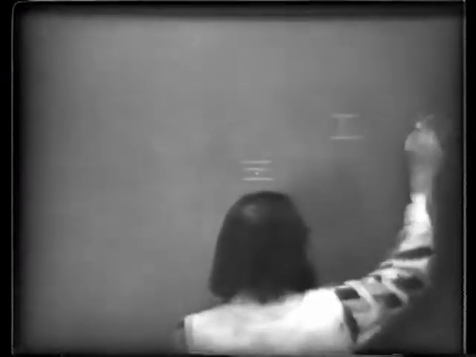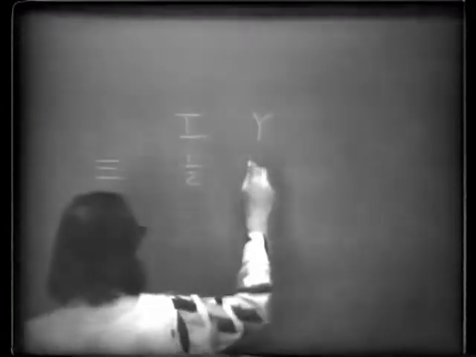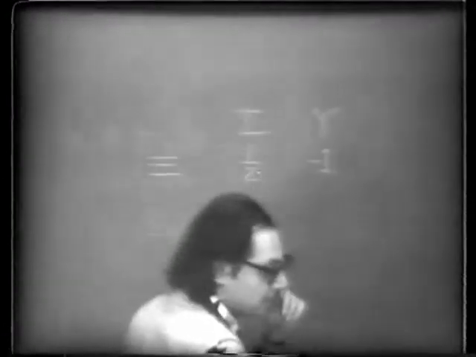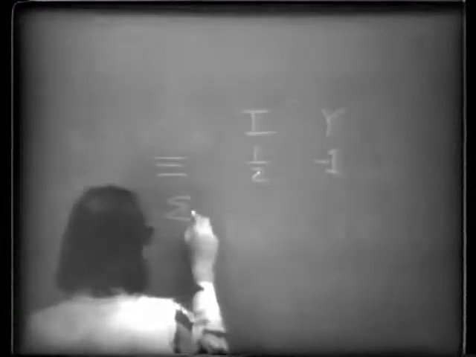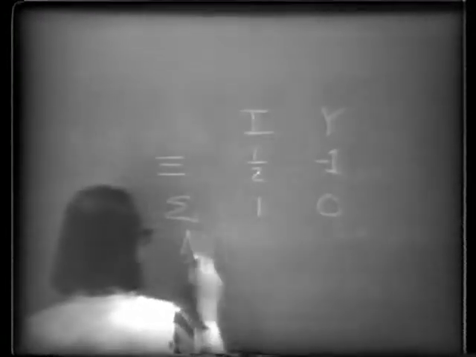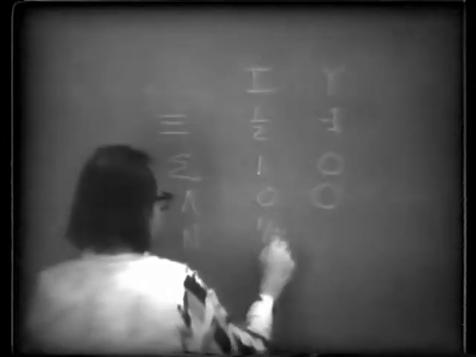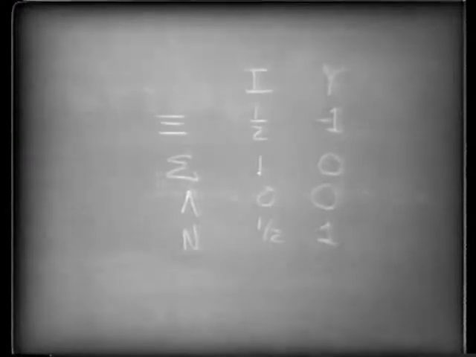I'll write them with the heaviest one on top, the cascade doublet. Write down their total isospin and their total hypercharge. There were 2 of these. The hypercharge was -1. They came in a neutral and a negative. They still do. Sigma triplet, 1, 0. Lambda, 0, 0. And, of course, our old friend, the nucleon, 1/2, 1.